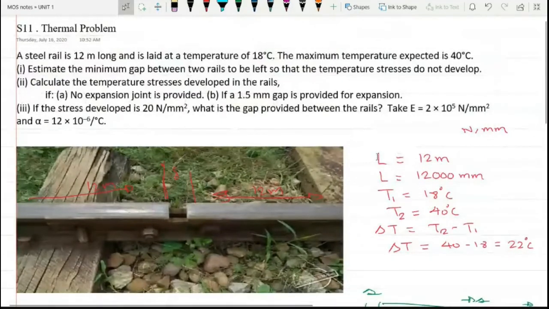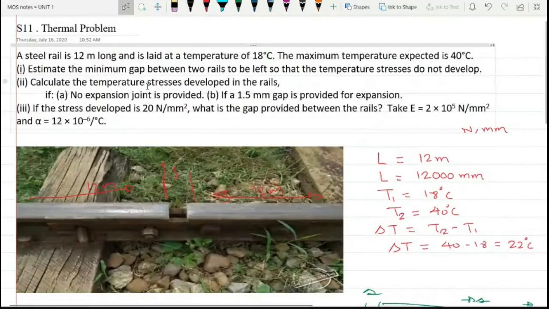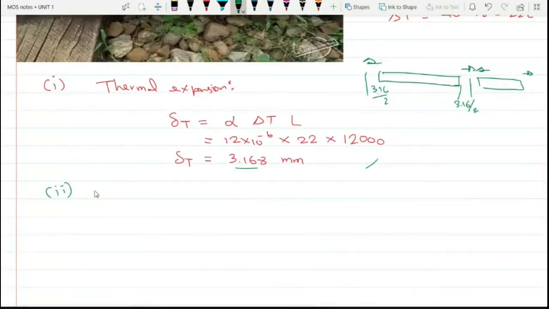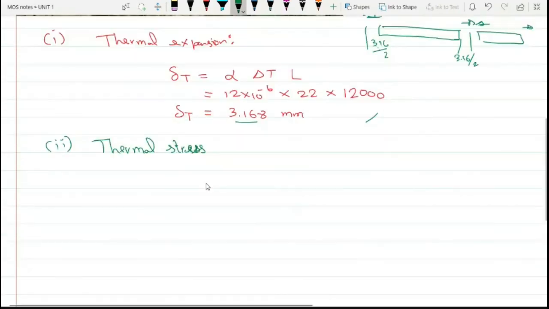Let me go for the second part. So second part is you have to calculate what is the thermal stress if there is no expansion on the joint, which is there is no gap, right? So first is thermal stress. This is without yield condition. So we know stress is equal to alpha into del T into E. Just multiply, that's it.